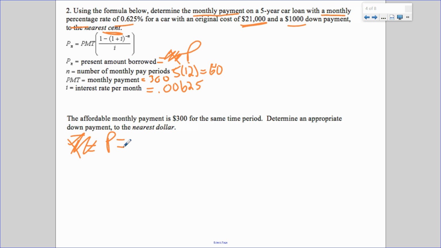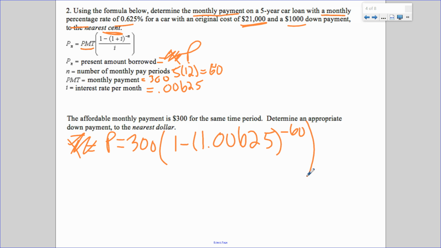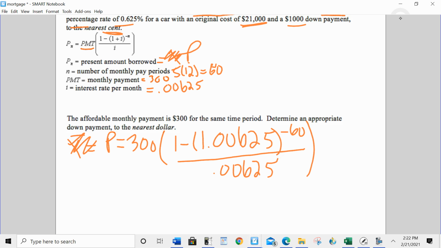Okay, so P equals PMT is 300, times 1 minus 1.00625 to the negative 60, over 0.00625. Can I type this whole thing into the calculator? Yes.